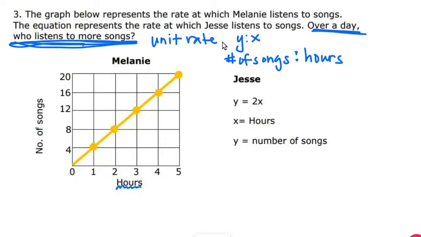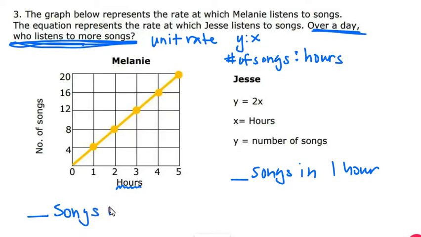Our unit rate is saying my second value has to be 1. So for each person, I'm going to find how many songs in 1 hour. That will give me my unit rate.